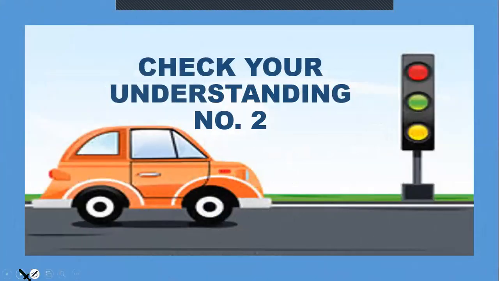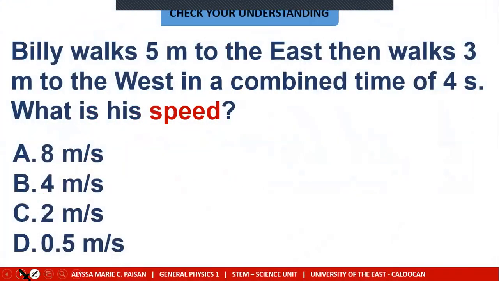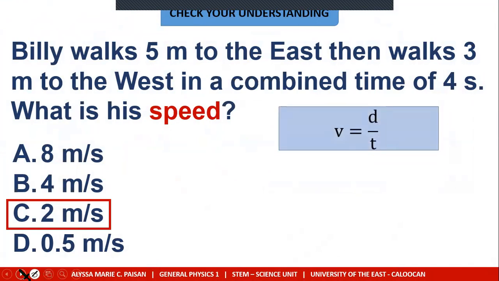Let's have some questions again. Here, we have: Billy walks 5 meters to the east, then walks 3 meters to the west in a combined time of 4 seconds. The question is, what is his speed? The answer is 2 meters per second. How did that happen? We have the equation v, or speed, is equal to distance over time.